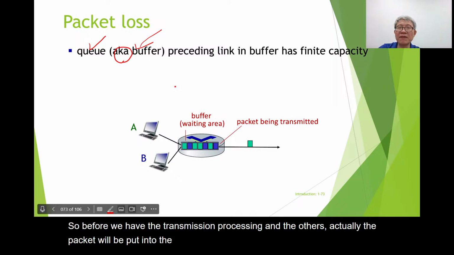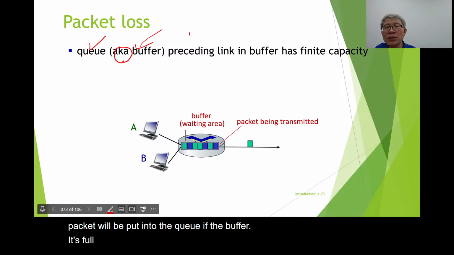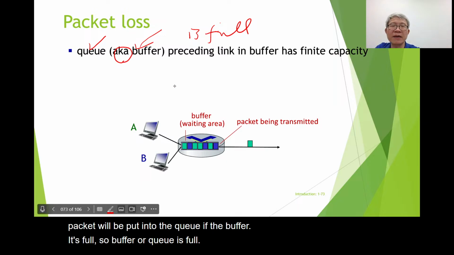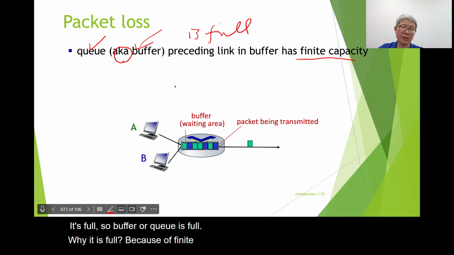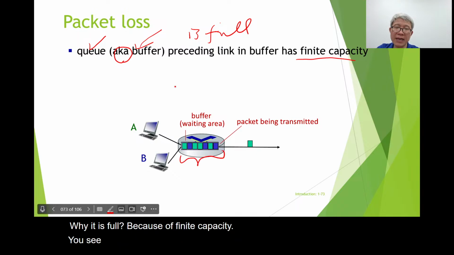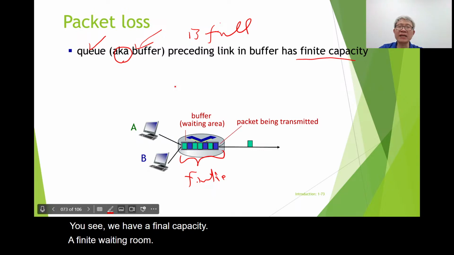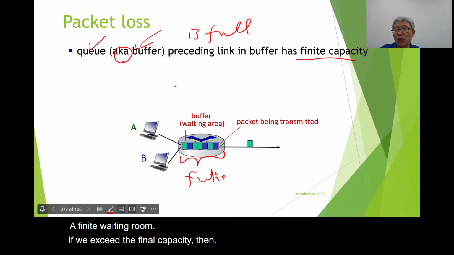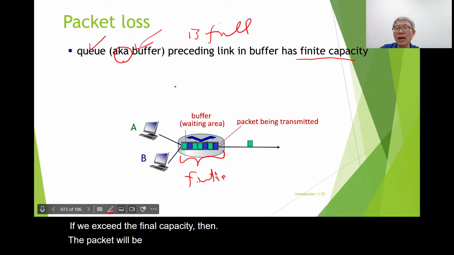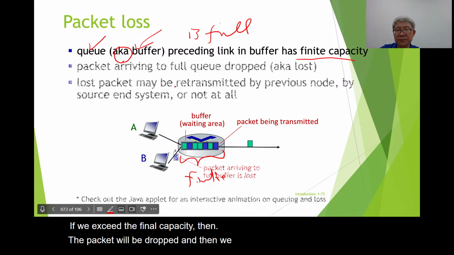If the buffer or queue is full, why is it full? Because of finite capacity, or a finite waiting room. If we exceed the finite capacity, then the packet will be dropped, and then we have packet loss.